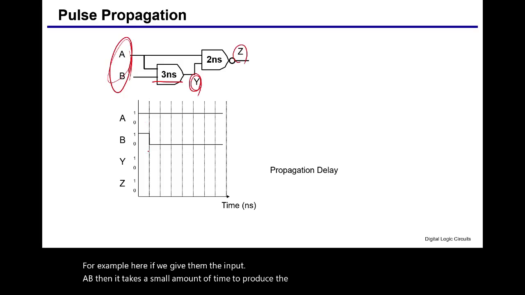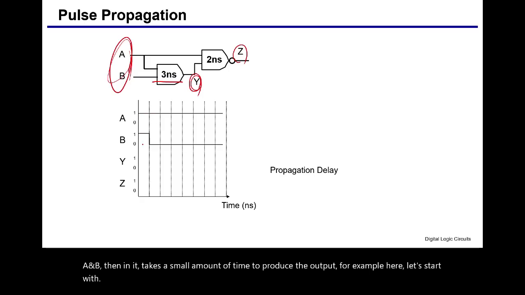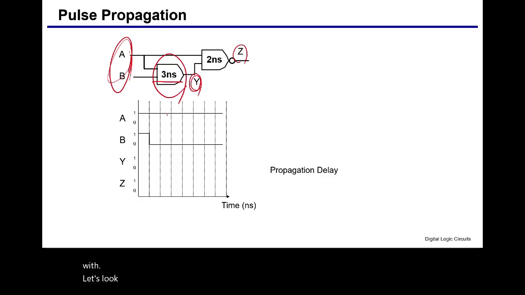For example, let's look at this AND gate first. At first, we have 1, 1 as the input from both A and B. So the output of G, let's start with G, the output of Y, was 1 because an AND operation of 1 and 1 is also 1.